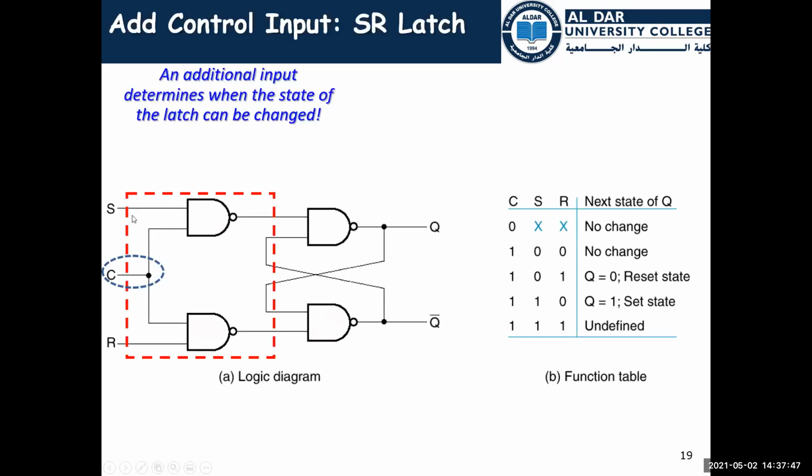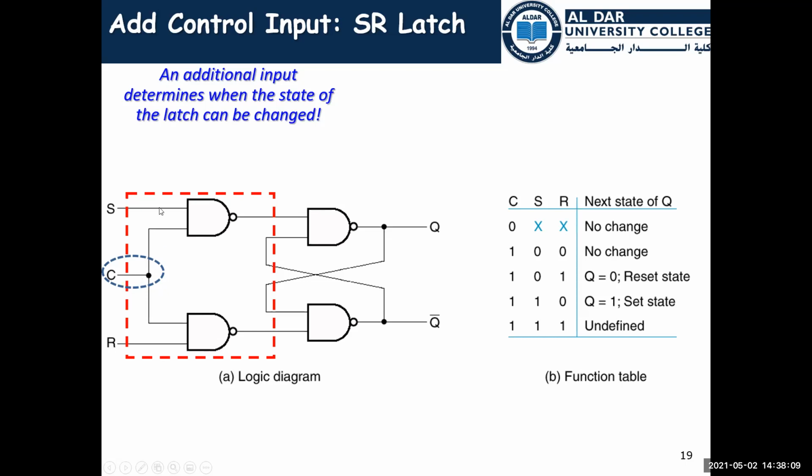So if I put the control at 0, the output will always be 1, which is 1 here and 1 here. And we can have another state if we put this control at 1.